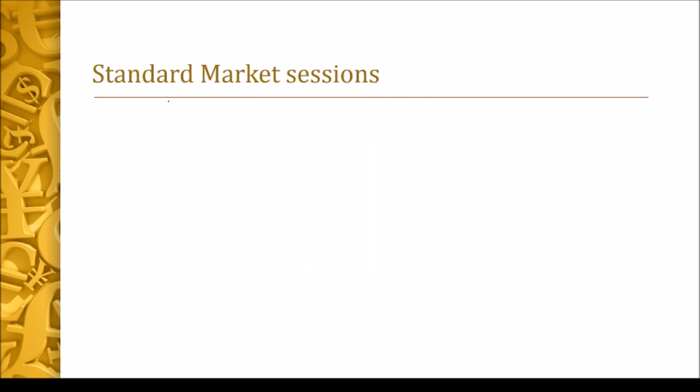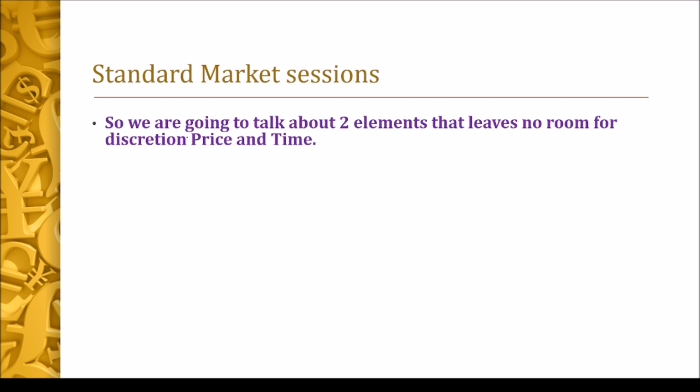So the first part that we are going to talk about in this lecture is the standard market session. We are going to talk about two elements that leave no room for discretion, which are price and time. The most important things in whatever type of trading, whether you're trading bonds, shares, indices, commodities, stocks, or anything, time and price are the most important elements.